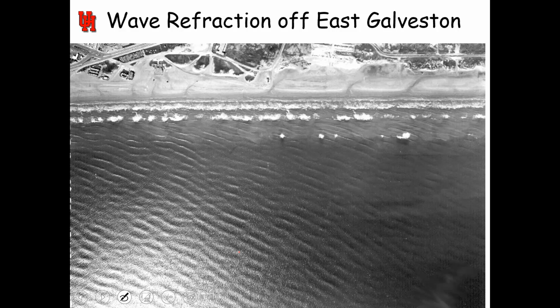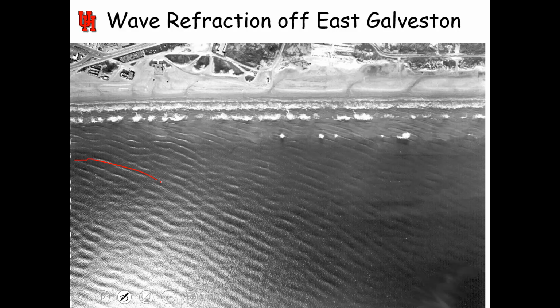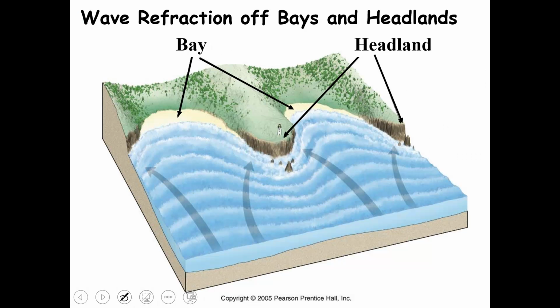So here we have a photo of wave refraction off East Galveston. Again, you can see the bending of those waves. As those waves bend, and here would be the offshore point where waves begin to slow down, they bend towards the shoreline, and in this particular case, towards the headlands.